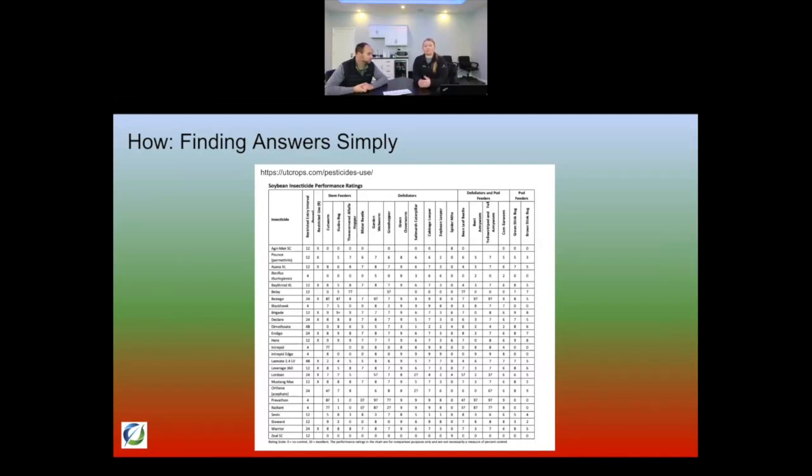But like I said, just searching a label, looking at that active ingredient, you can then search that active ingredient and find other insecticides that are very similar. I thought that was a handy chart to look at.